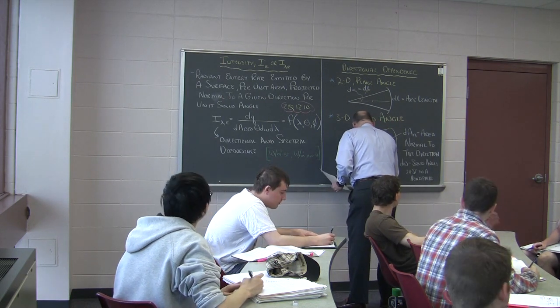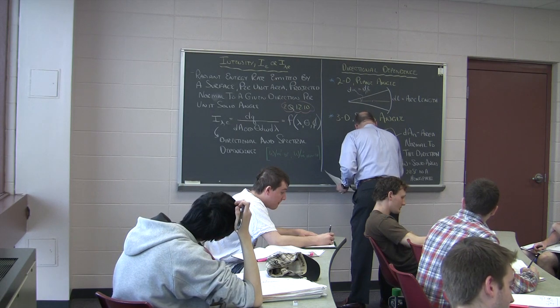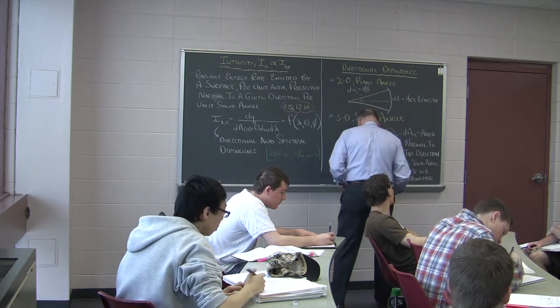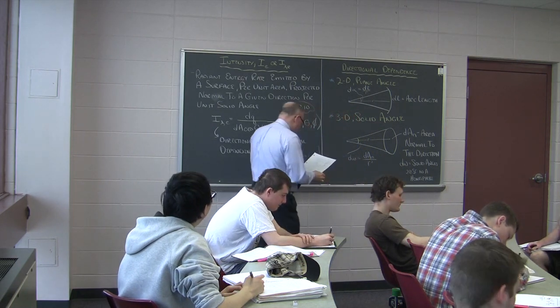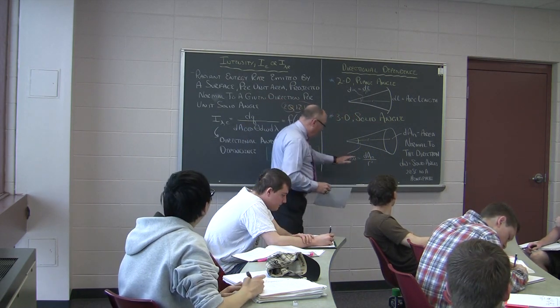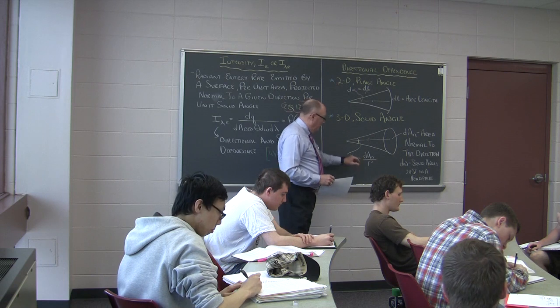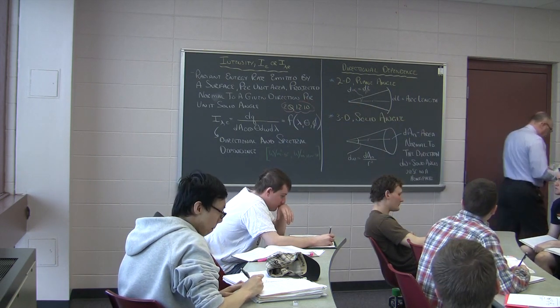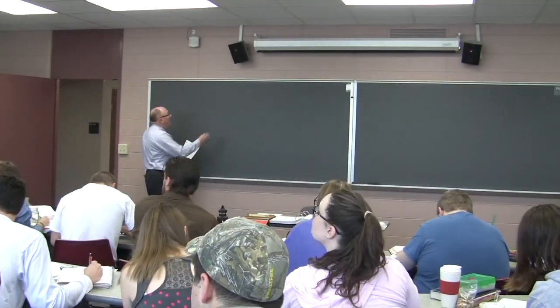Omega is equal to the change in the area over R squared. And this is what you're going to use in your homework. All right. So, let's talk about the heat transfer that occurs.